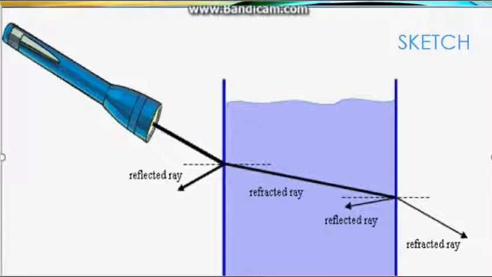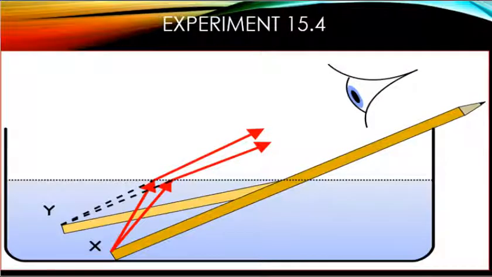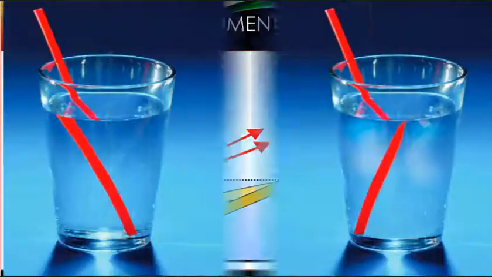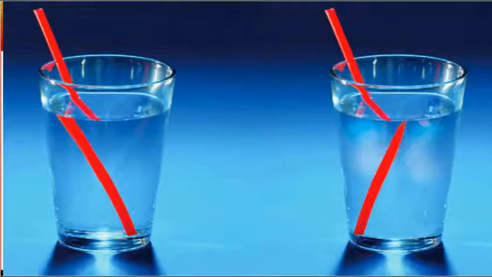So if we put a pencil into a tub of water, it looks like the pencil is bent. Here's a really good example of it. It looks like that straw is bent or even broken, right? But it's not. It's just the trick of the water changing the speed at which the light enters, and that light comes and hits my eyes and I see it that way.